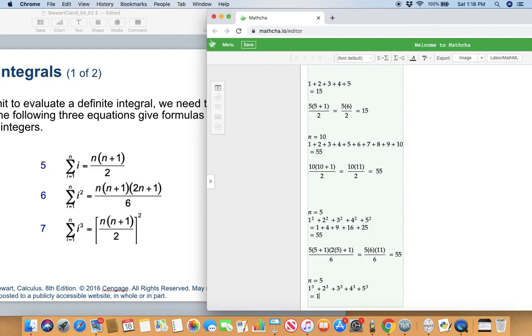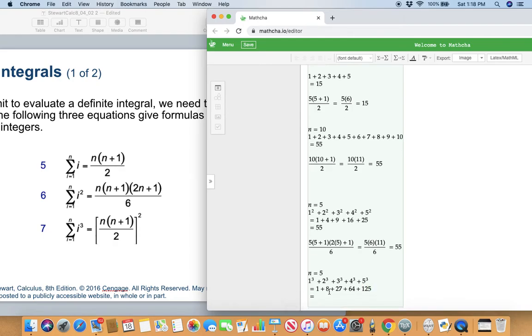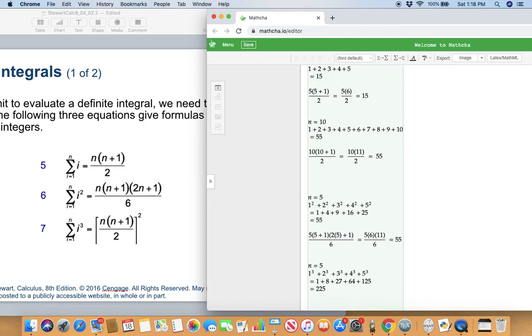This is 1 plus 8 plus 27 plus 64 plus 125. This equals 1 plus 8, 9, plus 27, 36, plus 64, 100, plus 125, 225.